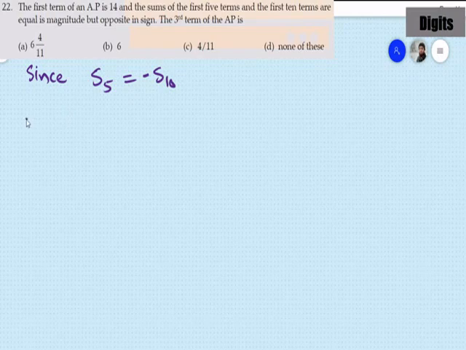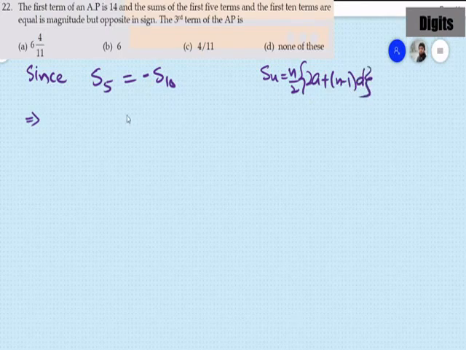Since we know the formula for Sn is n by 2 into 2a plus n minus 1 d. We will use this formula.